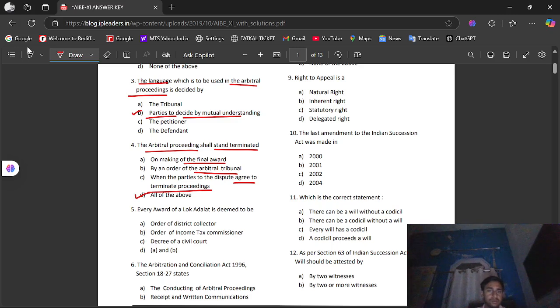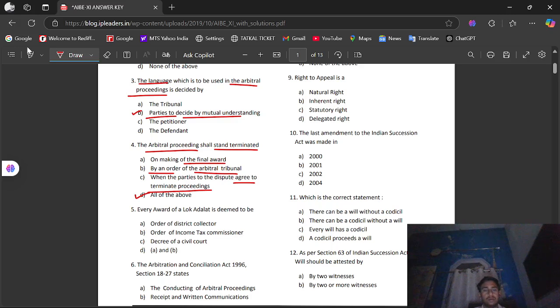So the arbitral proceeding will terminate on making of the final award, or by an order of the arbitral tribunal, or when the parties to the dispute agree to terminate proceedings.